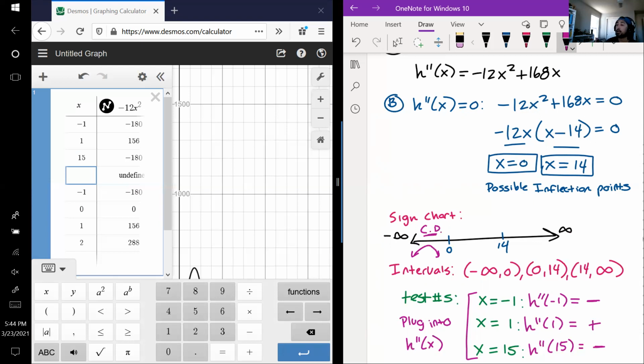Then from 0 to 14, no matter what number we pick, we'll always get a positive output, which means we're concave up, which will look like that. And from 14 to infinity, no matter what number we pick, you'll always get a negative number. So again, we are concave down.